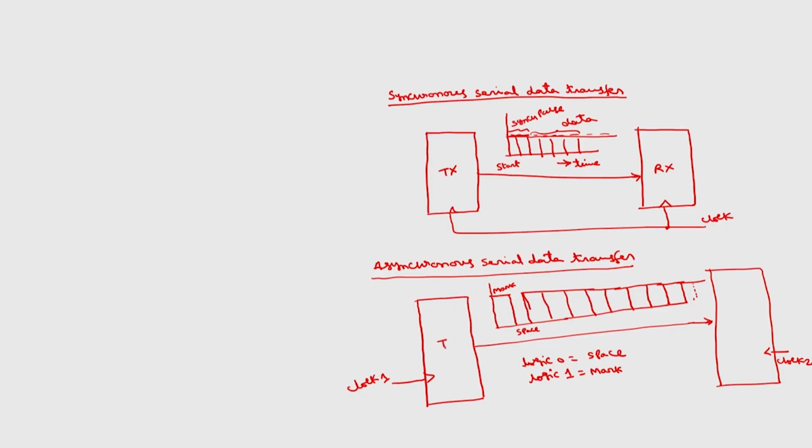If the transmitter does not send any information, the data line will be in mark position.